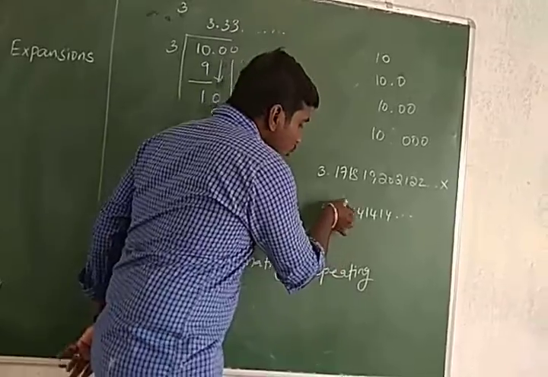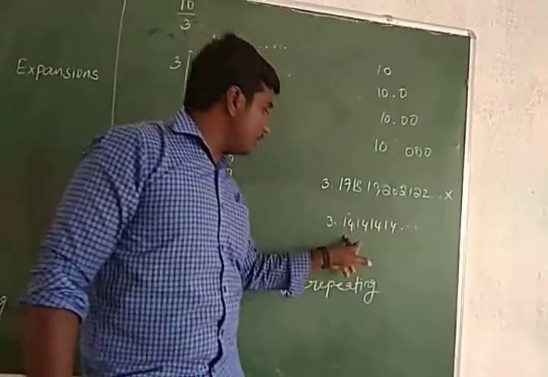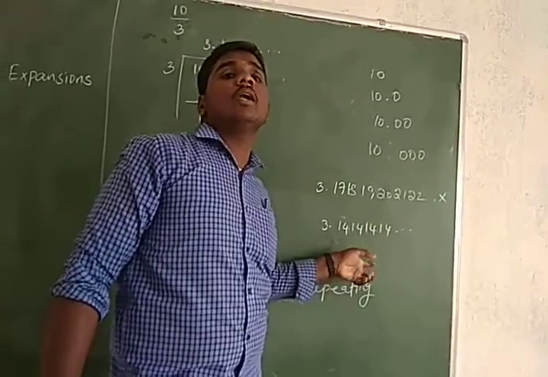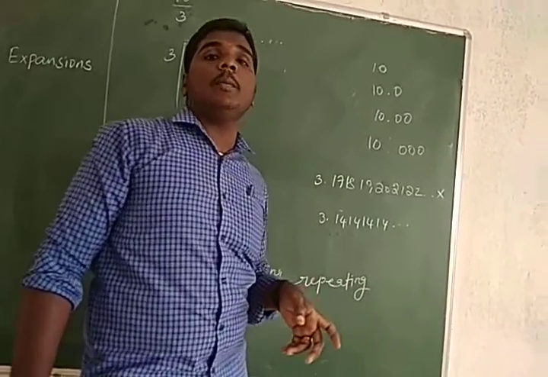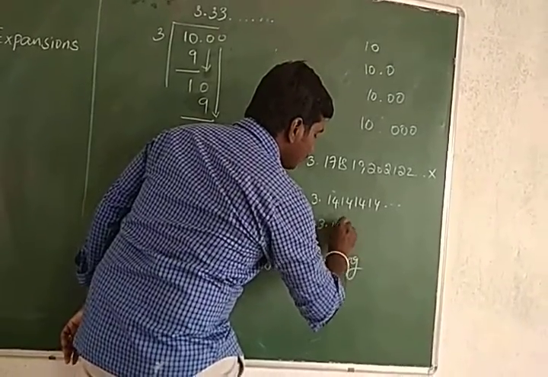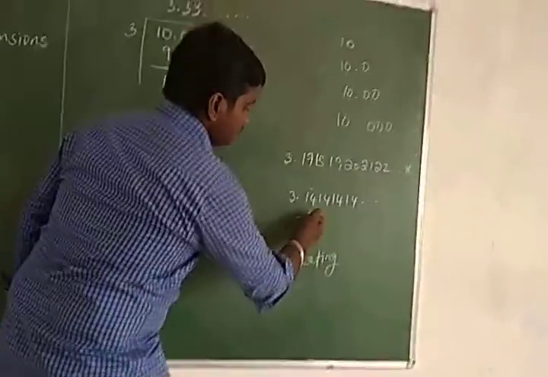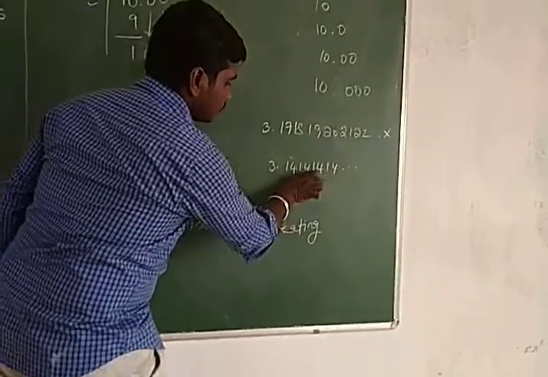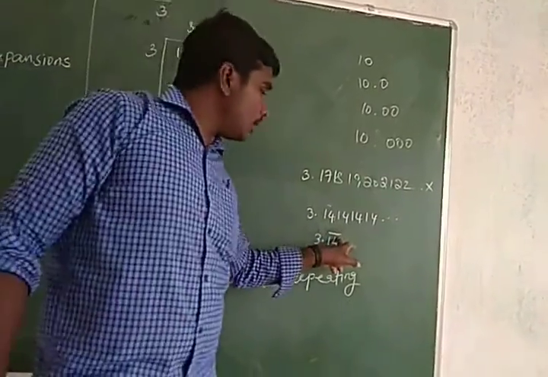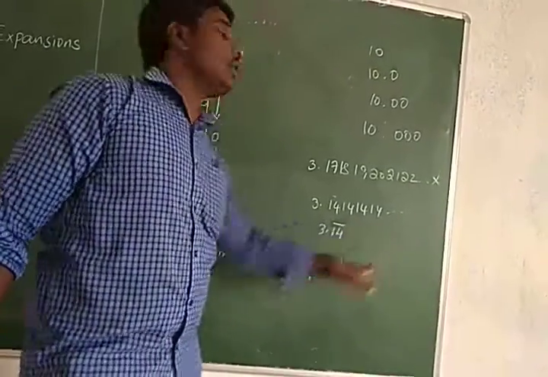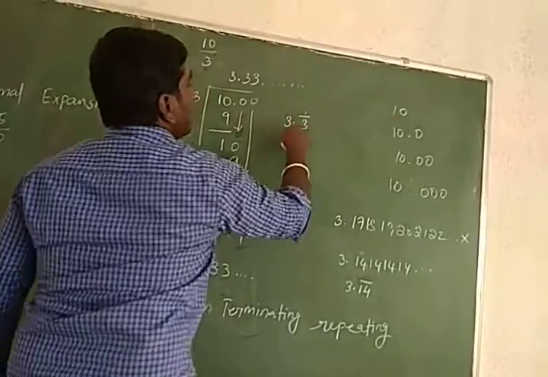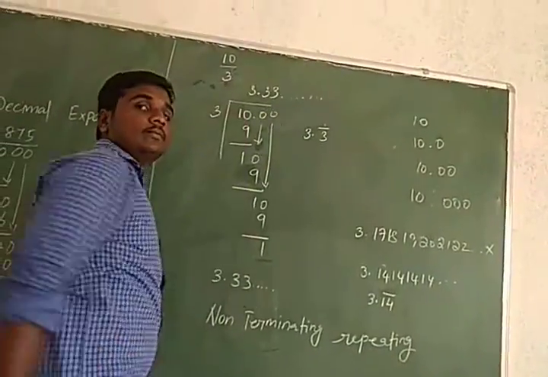Here only these 2 digits are repeated, 14141414. So this one we can write with a bar over 14, meaning 141414. Similarly, this one we can write as 3.3 with a bar, which is 3.333333.